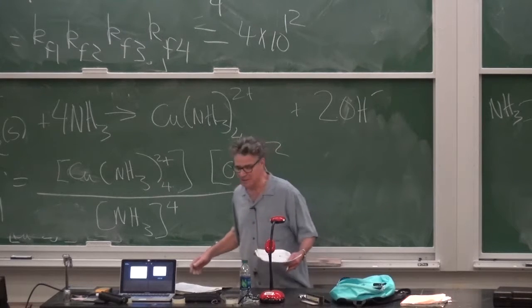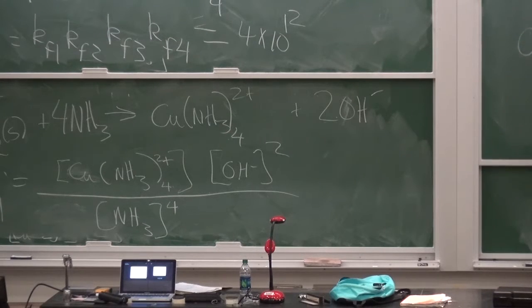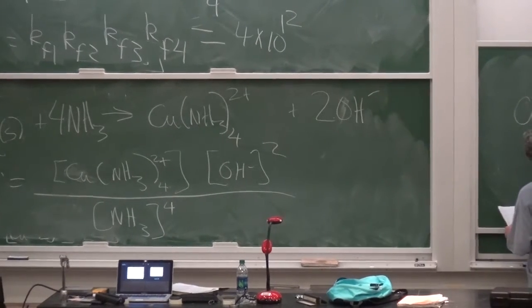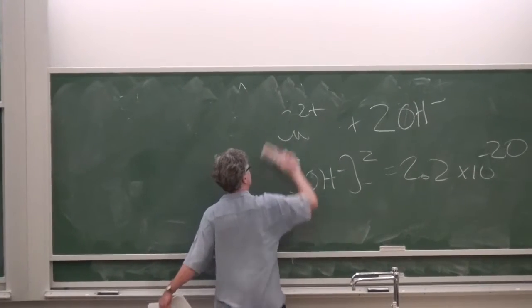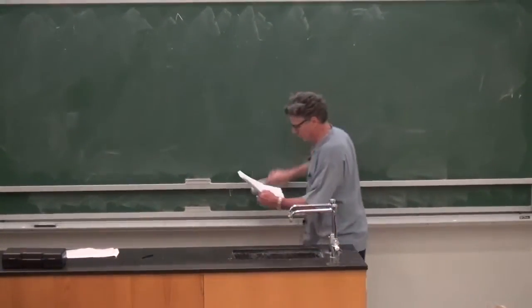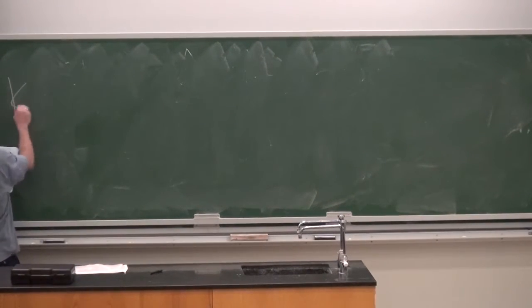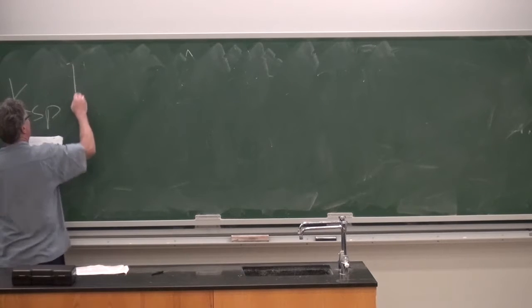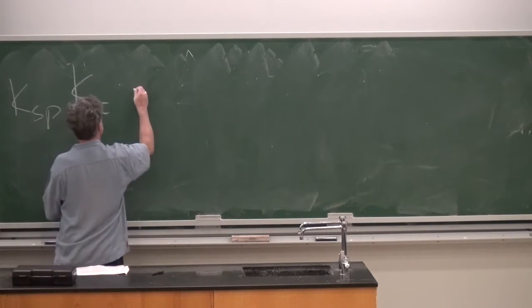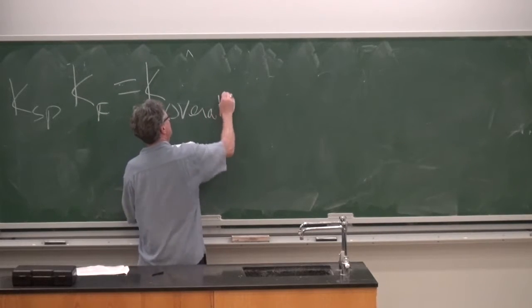But it's easier than it looks, because it's easy to show that the product of KSP times KF is this thing I'm calling K overall.